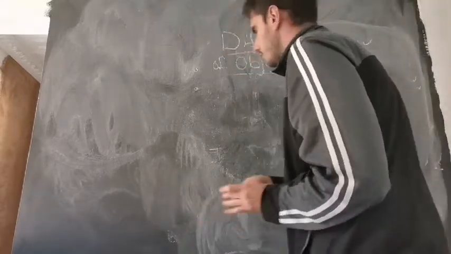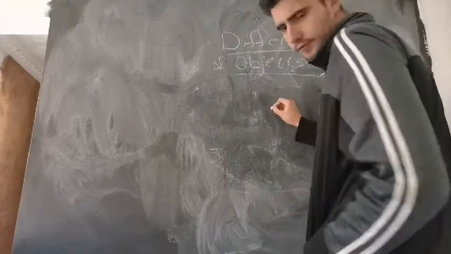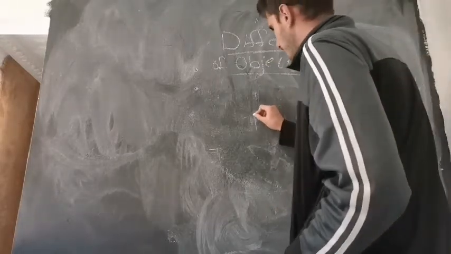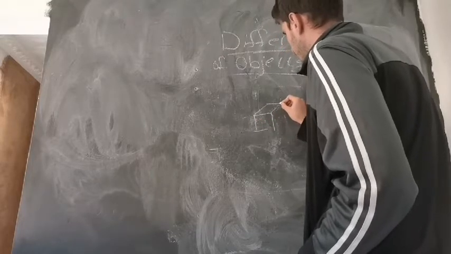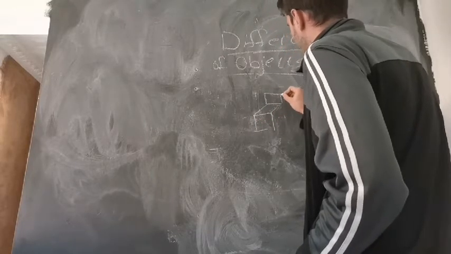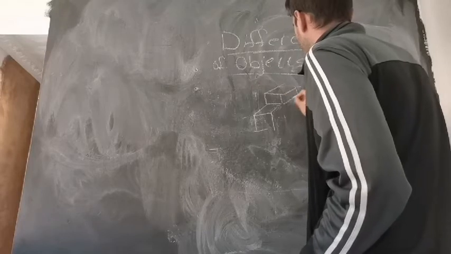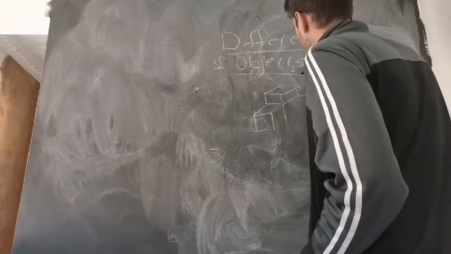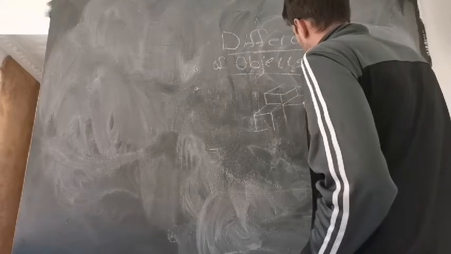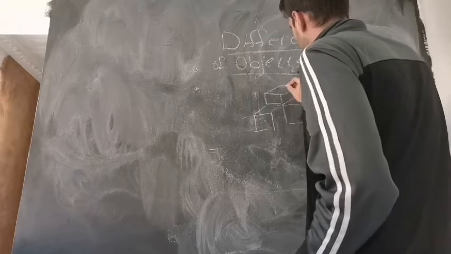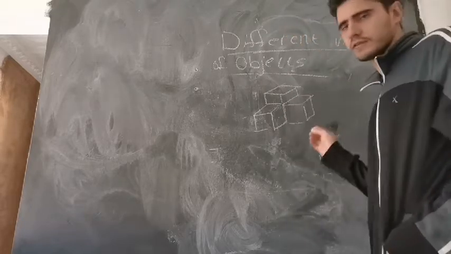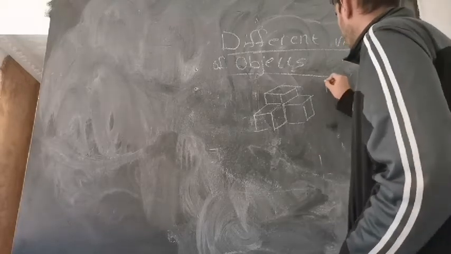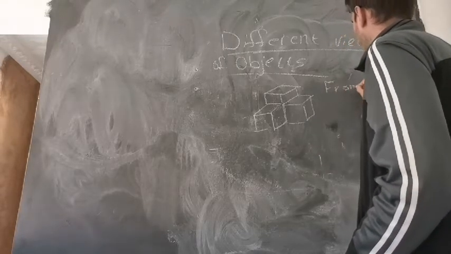Okay, let's say they give you an object that looks as follows. Okay, they've given us an object that looks like this. Now, first of all, our front view, we're going to do that one first.